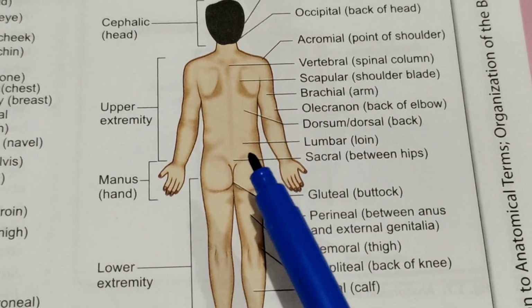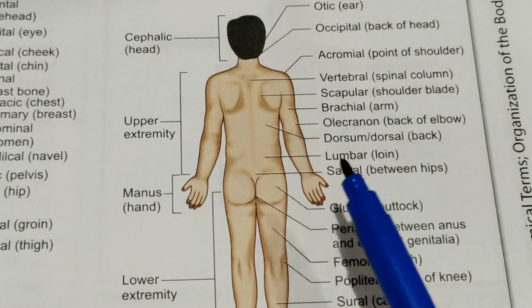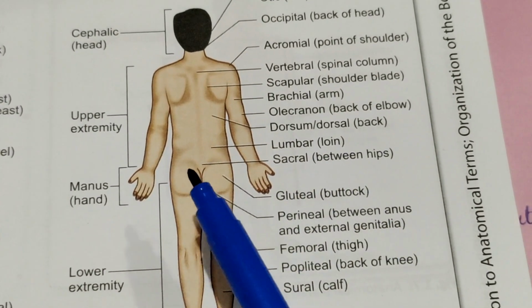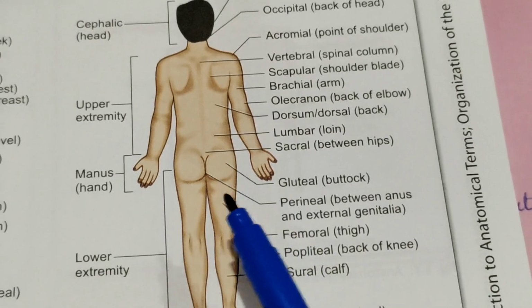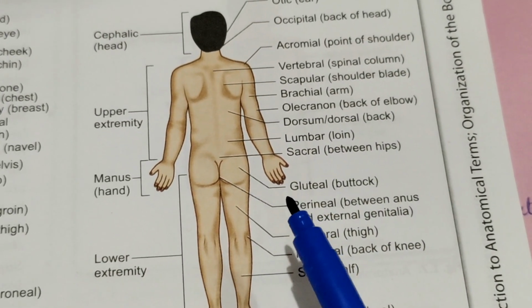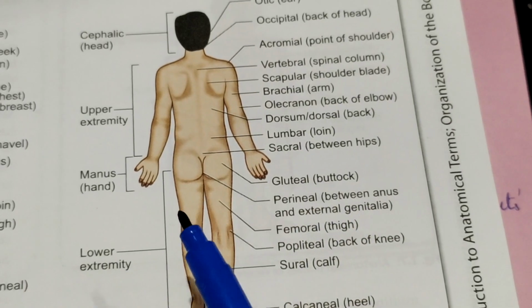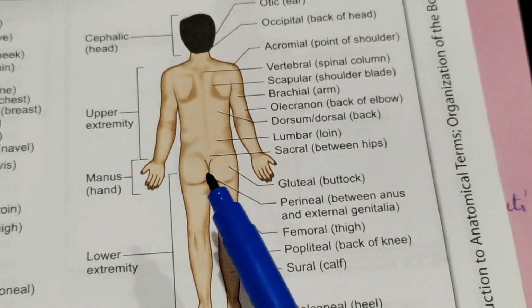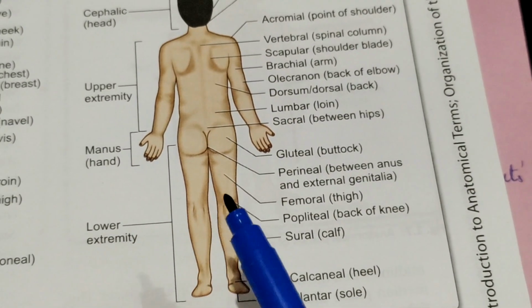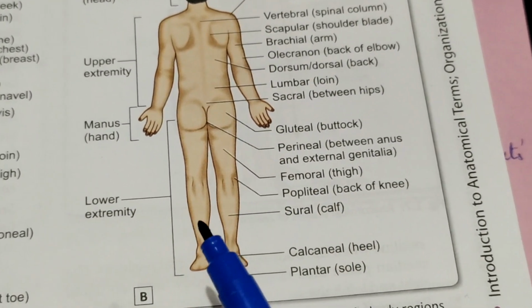This is the lumbar region, the loin. Then between the hips, this region is sacral. Then the buttocks, gluteal. Then between the anus and external genitalia, this region is perineal. Then the thigh region, femoral.